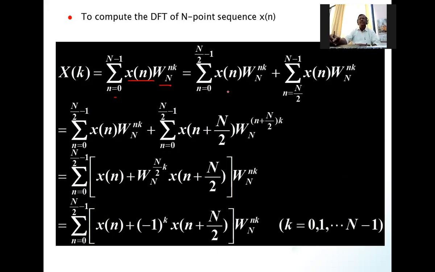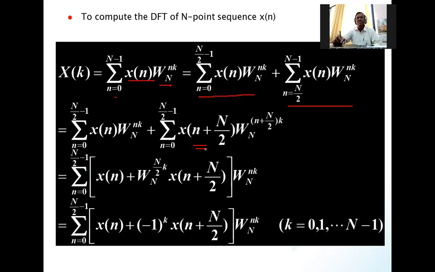Here we divide it into two summations. The first summation gives the first half, and the second gives the next half. So we write it as the sum from n equals 0 to N/2 minus 1 of x of n W_N^kn as it is, plus the sum from n equals 0 to N/2 minus 1, where we substitute x of n plus N/2 as per the previous equation, with W_N to the power (n plus N/2) k.